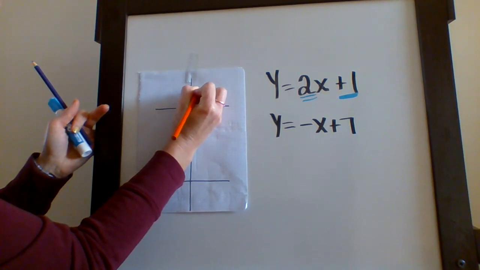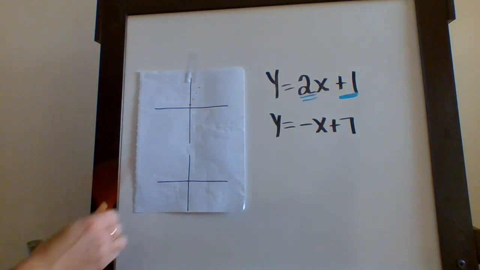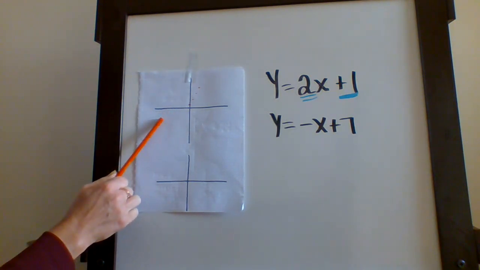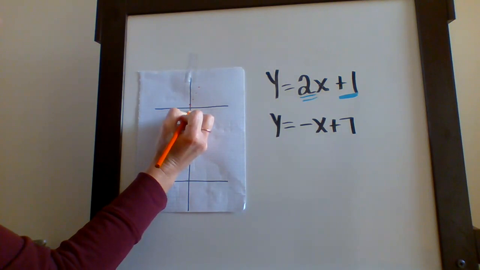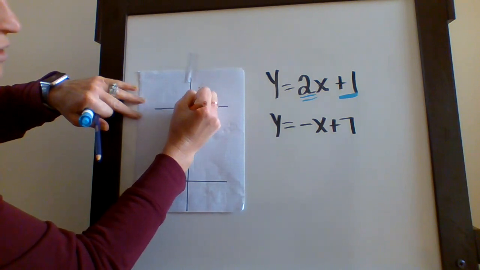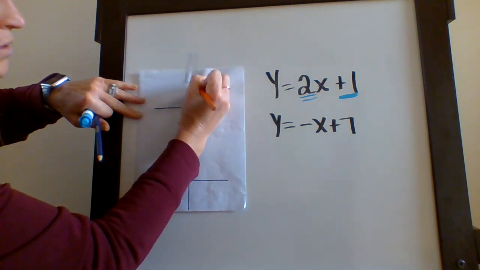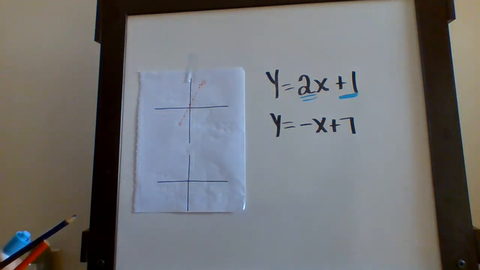And you can keep doing that to get however many points you want up there. Remember, if you need some points down in this quadrant, instead of going up and to the right, you're going to go down 2 to the left. And then with as straight a line as possible, you're going to connect those dots. I'm going to label that a 1, so we know that was equation number 1.